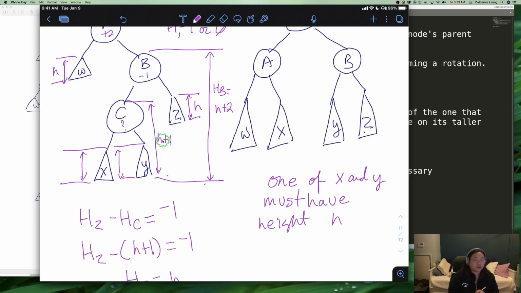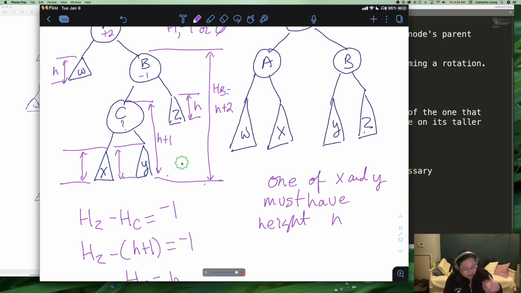That's what I do know for sure. And the reason it has to have a height of h is because the entire tree is h plus 1 tall. The plus 1 is for the C node. So the rest of the height must come from either X or Y. One of them has to hold up the C to a height of h plus 1. Maybe it might not be both, but one of them has to have a height of h.